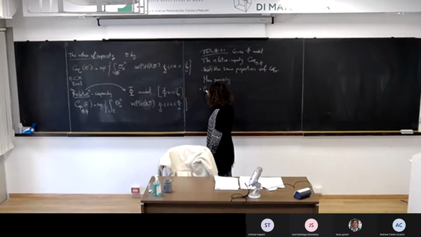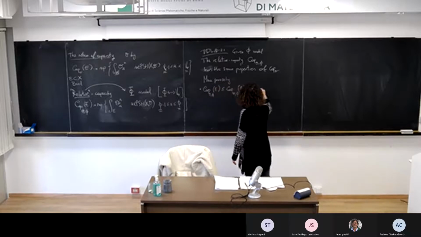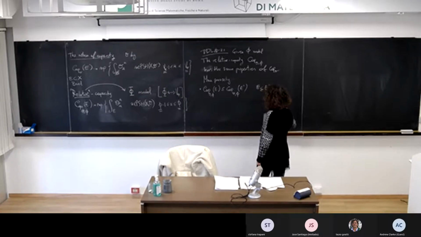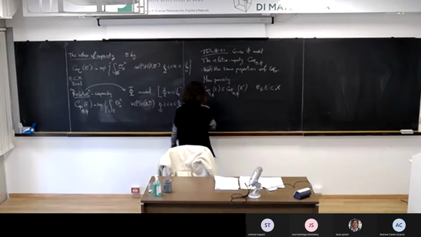So we have that the capacity cap_theta,phi of E is less or equal than the capacity cap_theta,phi of E prime whenever E is contained in E prime, two Borel subsets.